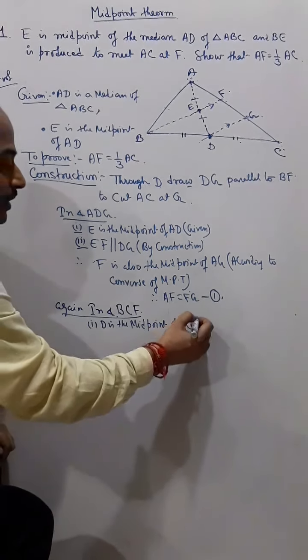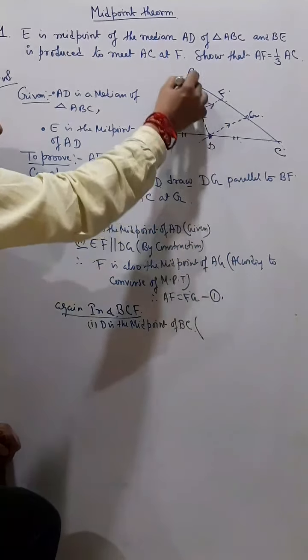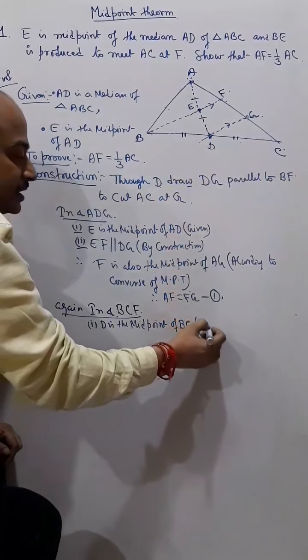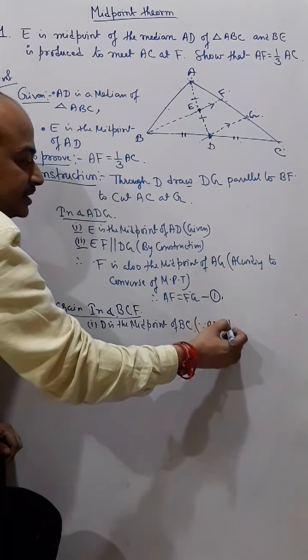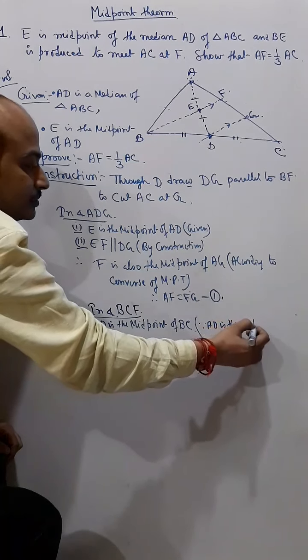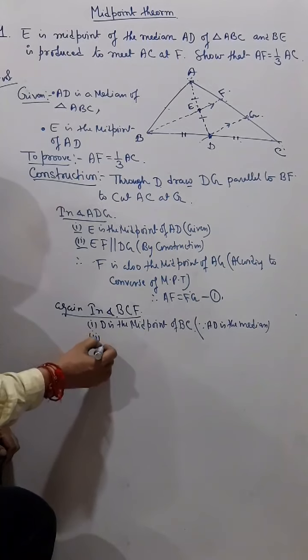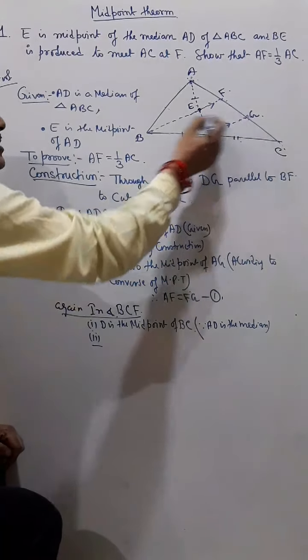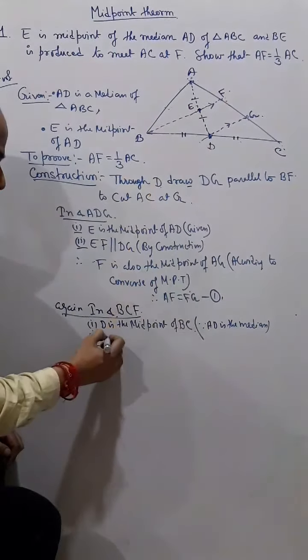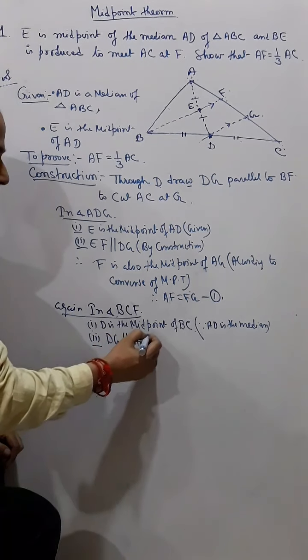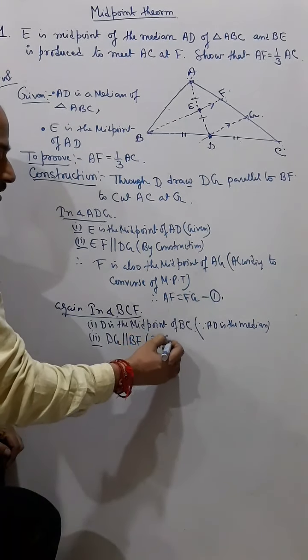Why? Because AD is the median, that means D is the midpoint of BC. And here also DG is parallel to BF, that is again by construction.